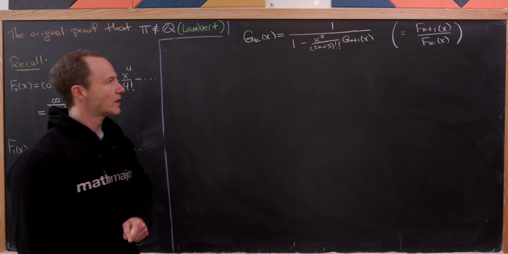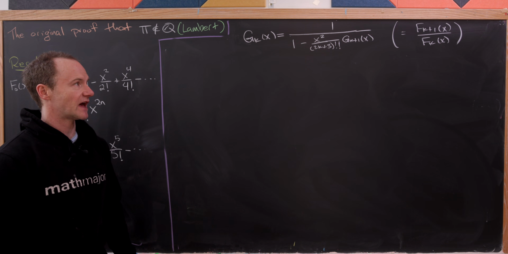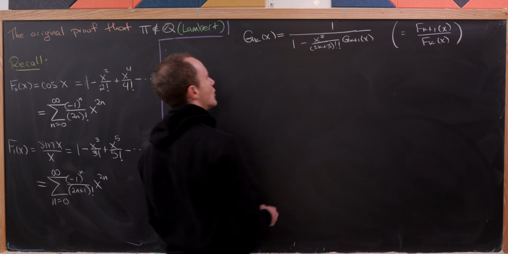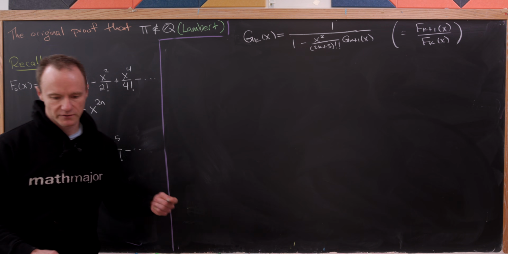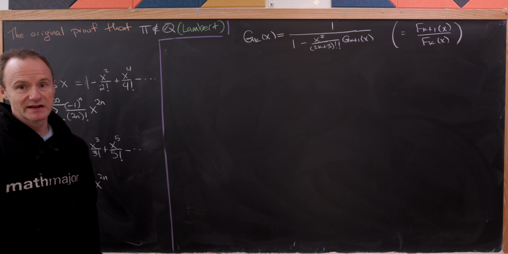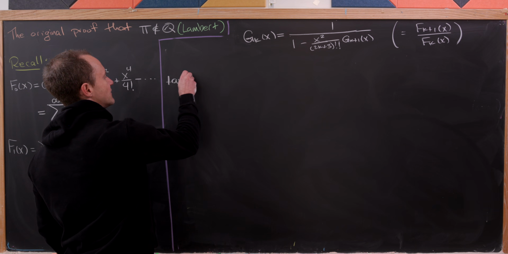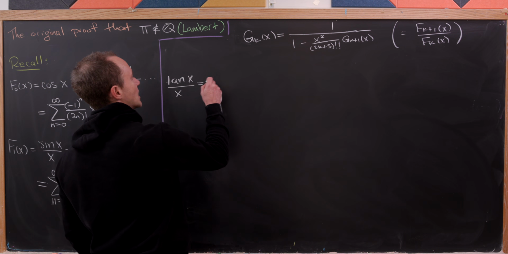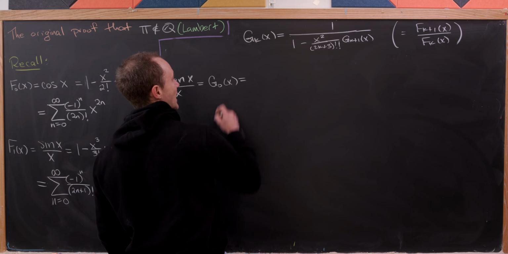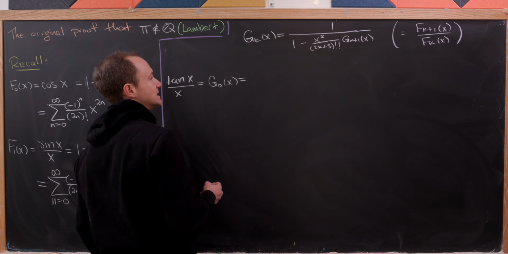Okay, so we just observed that if we let g sub k of x be f sub k plus 1 over f sub k, then we get this nice formula that it's also equal to 1 over 1 minus x squared over 2k plus 3 double factorial times g sub k plus 1. And now I'd like to start at the very bottom here, and that will be tangent of x over x, which, observe, is g sub 0 of x, because it's f sub 1 over f sub 0.